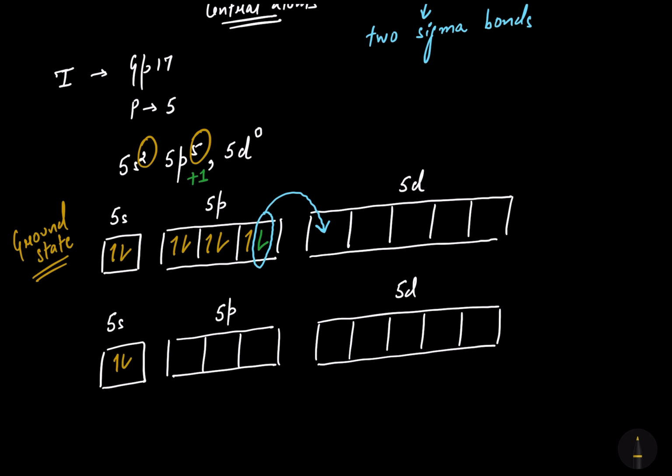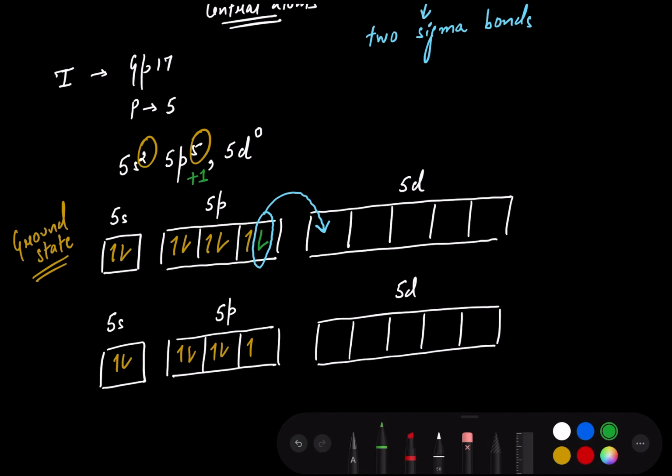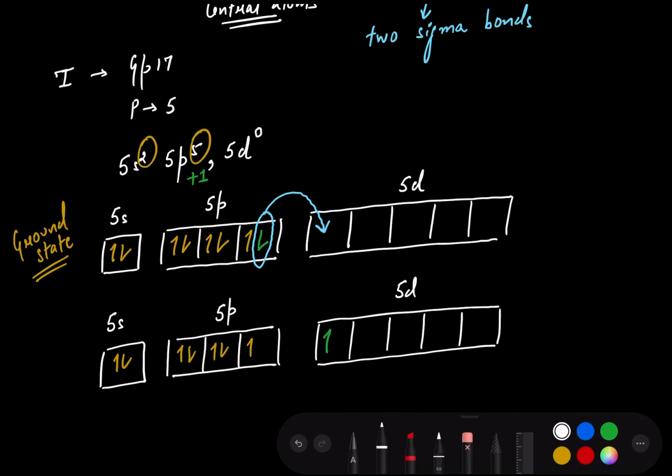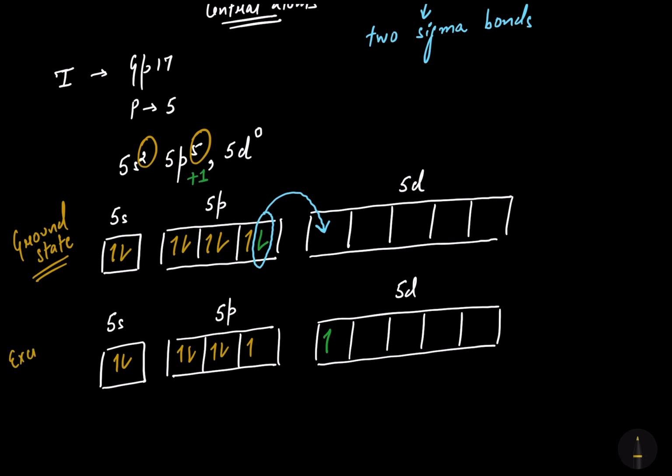Now 5p is having 5 electrons, as one of the electrons from 5p has excited to the 5d. So that's the first electron, second, third, fourth, fifth, and one electron has jumped to the 5d orbital. Now that's called the excited state.